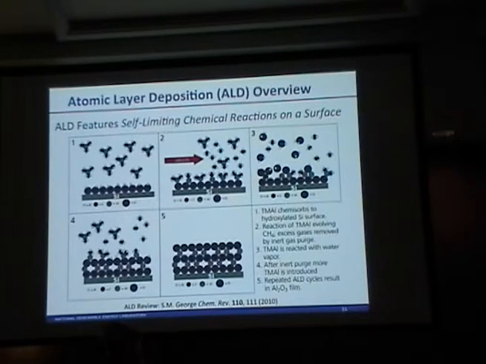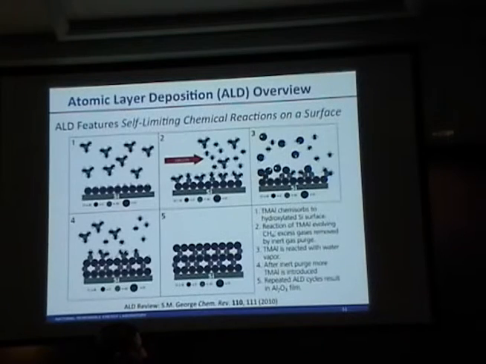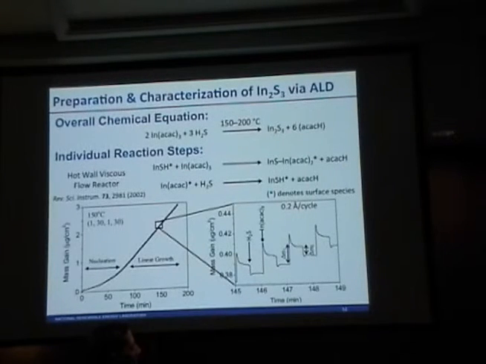And so atomic layer deposition is one way that one can use to try and prevent this, or to make better quality nanomaterials. I really like this method. If you're not familiar with it, I point you to a review by Steve George, who's in the chemistry and biochemical department here at CU Boulder. And we worked with Steve to develop a procedure where we made indium sulfide, which is a semiconductor.